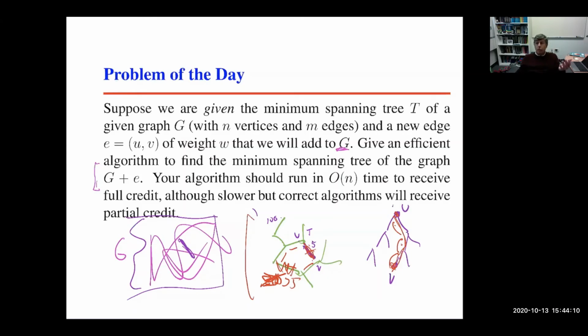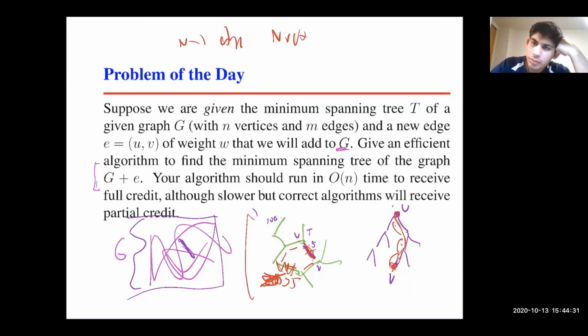Isn't that what a tree is? A tree is a graph that is connected that has no cycles. It has exactly n minus 1 edges in a tree on n vertices. Adding any edge to any tree is going to create a cycle. Got it. Thank you.